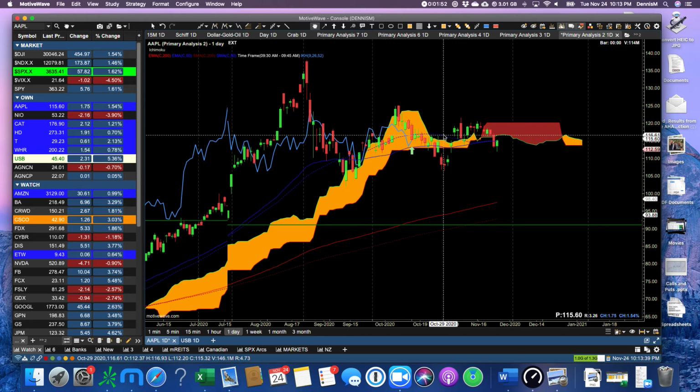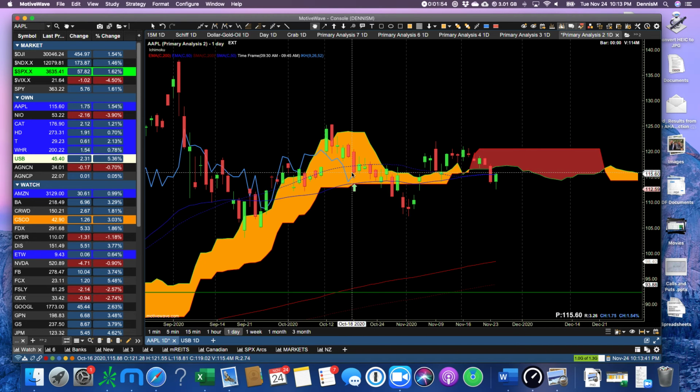The Chikou span, look at the Chikou span, right below this trailing candle 26 days behind, which would indicate that we're probably due for more downside tomorrow and going into the next few days. So today's upside for Apple was sort of dispelled by this resistance on the candle.